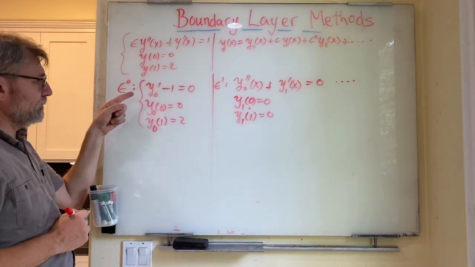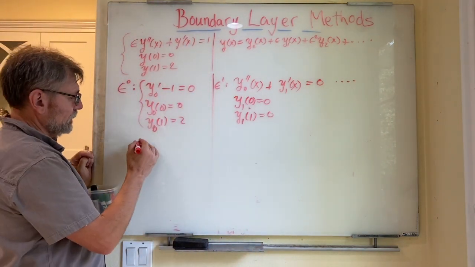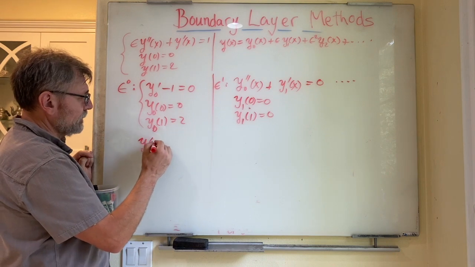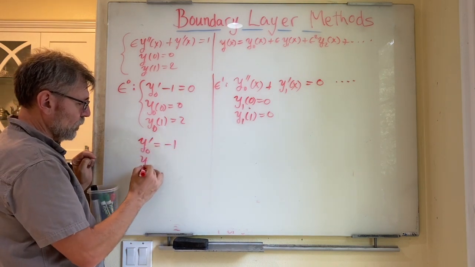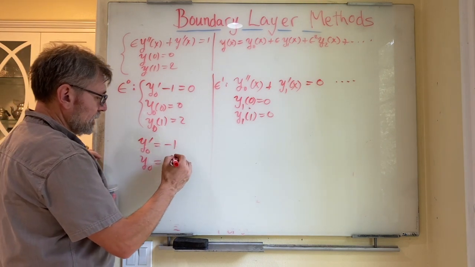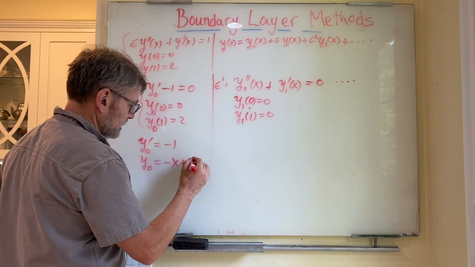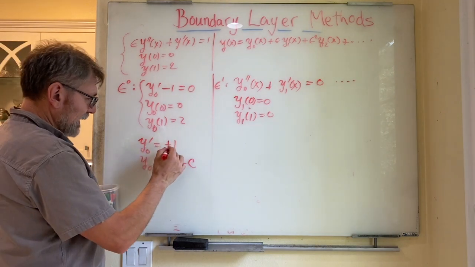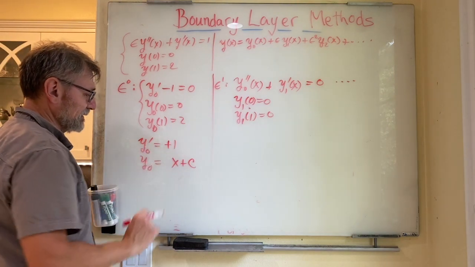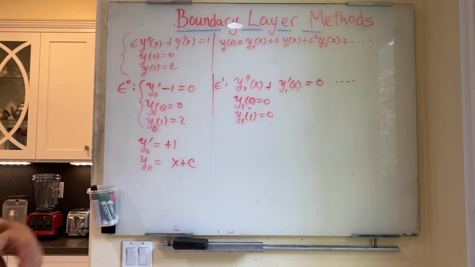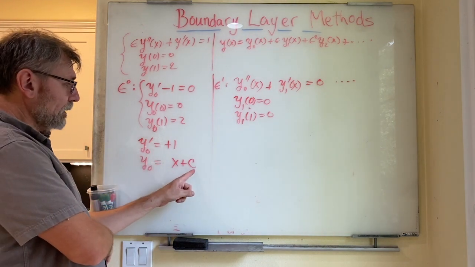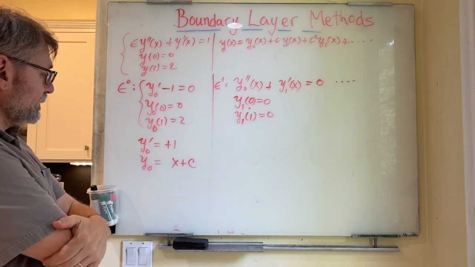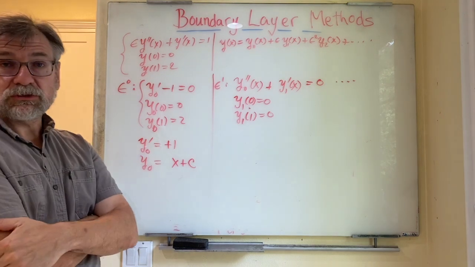All right, so now let's solve the first problem. So what we get is y naught primed is equal to 1, and y naught is equal to x plus a constant c. And now, we have one arbitrary constant, but we have two boundary conditions. So clearly, we're not going to be able to solve both of them, right?